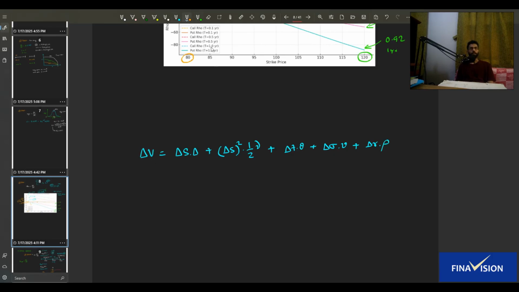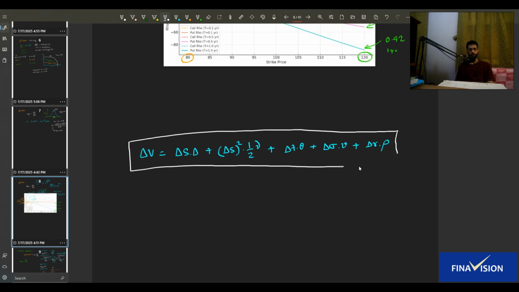Now, let me remind you, this is an approximation equation. This does not hold when the changes in any of the parameters are very drastic. This is just to give a simplistic understanding that all these factors together are actually influencing the value of the option.